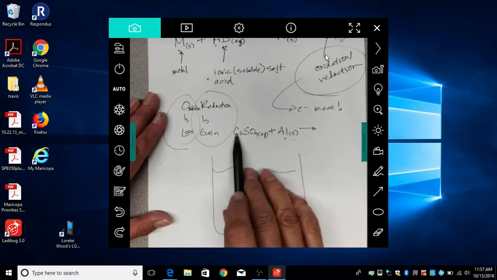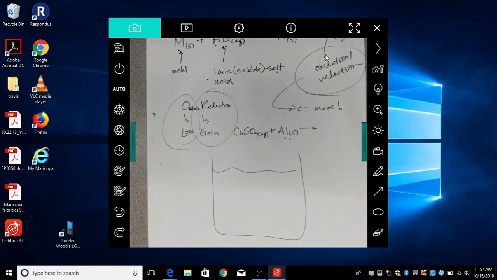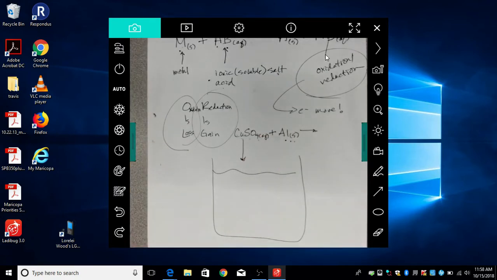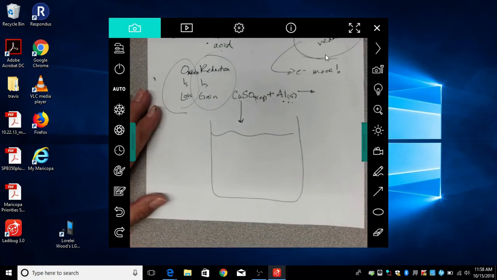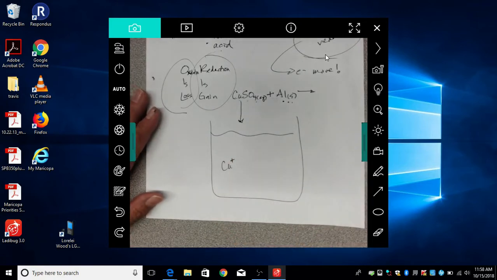So there's the symbolic representation of my chemical reaction. Now we're going to pretend we're atoms and molecules, and we're going to go down into the solution and think about what's there. I put my copper sulfate in there, right? What are going to be the ions that result when soluble copper sulfate goes into water? Copper ions with what charge?